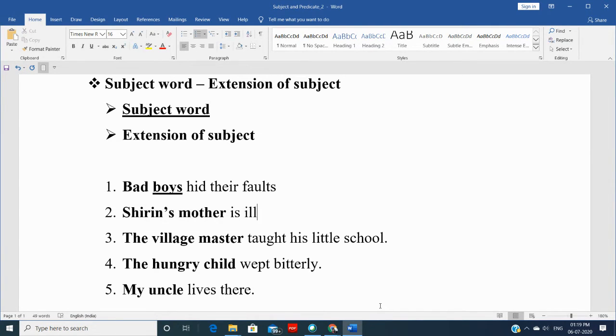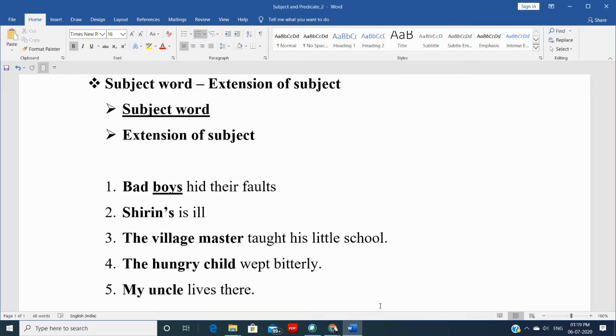Okay, let's see one more example. "Shireen's mother is ill." If I remove this part of the subject, Shireen's, we get "Mother is ill." Yes, it's still making sense, right? But if I remove the mother part, "Shireen's is ill."